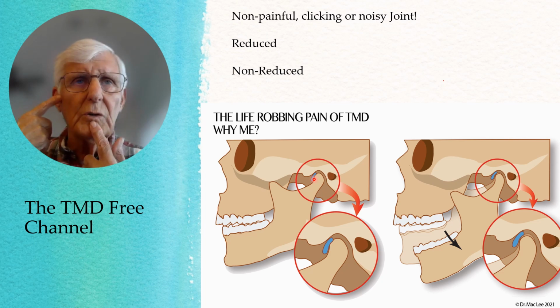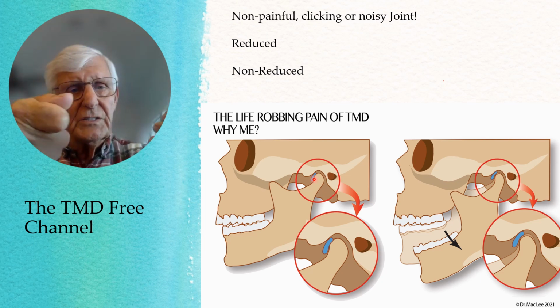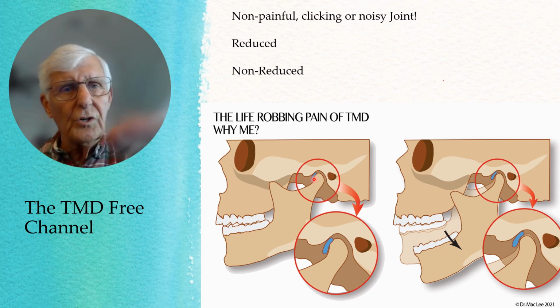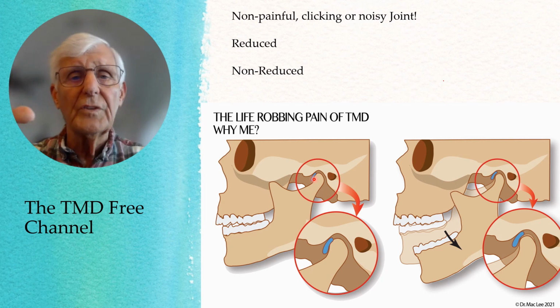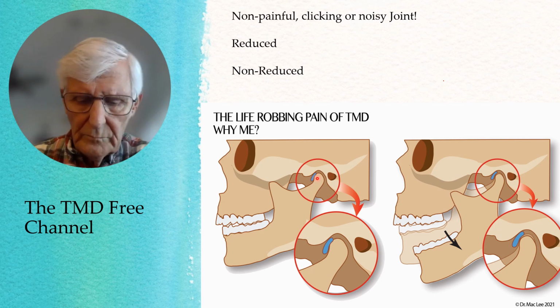Well, when the jaw opens, then the jaw is going to go to the right side. Think of pushing a wheelchair down a smooth sidewalk, and all of a sudden you run into a stick on the right side. That wheelchair is going to turn towards where the stick is. The same thing occurs in this joint.